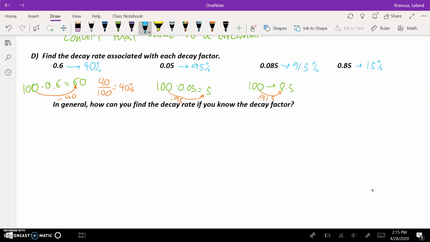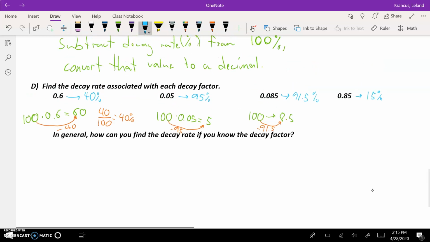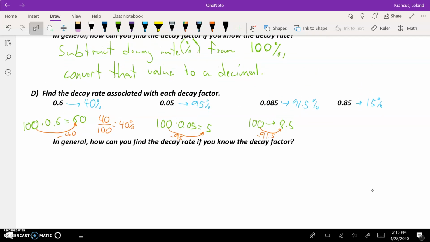So with this one, it's kind of the flip side of what we were doing before.